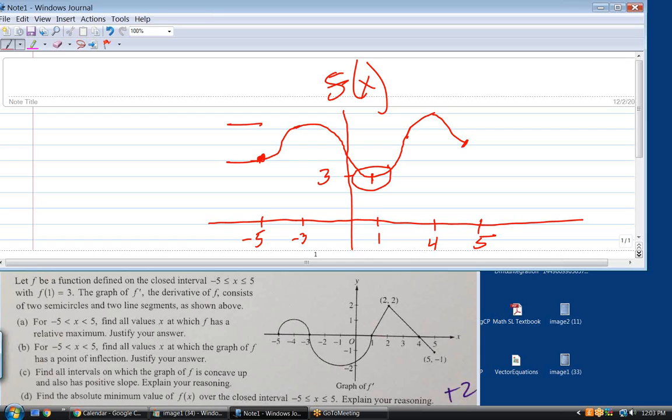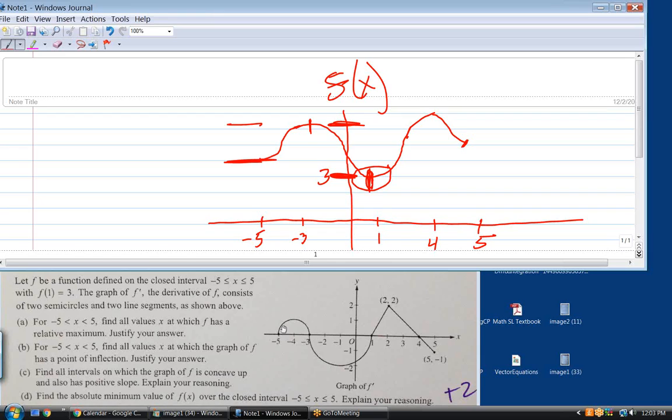Now once I get to -3, the first derivative is negative from -3 to 1. So it has to be falling from that point to this point. And the question is, is this distance that it falls greater than the distance that this rose? And the answer is yes.